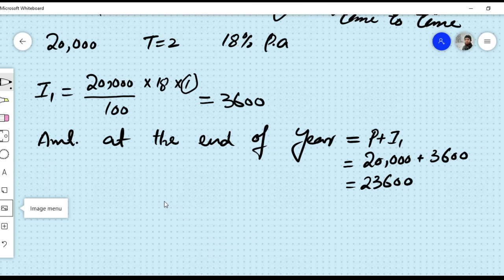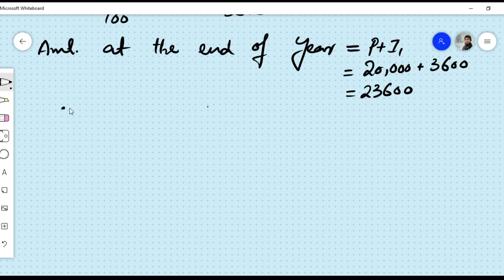Now if we check, therefore the amount for the second year, therefore principal amount P2 for the second year will be 23,600, that is A1.